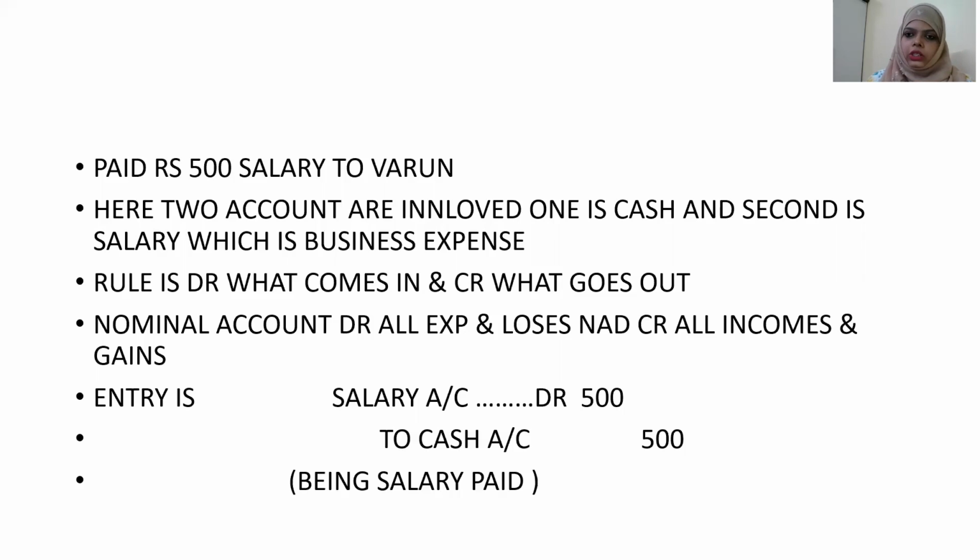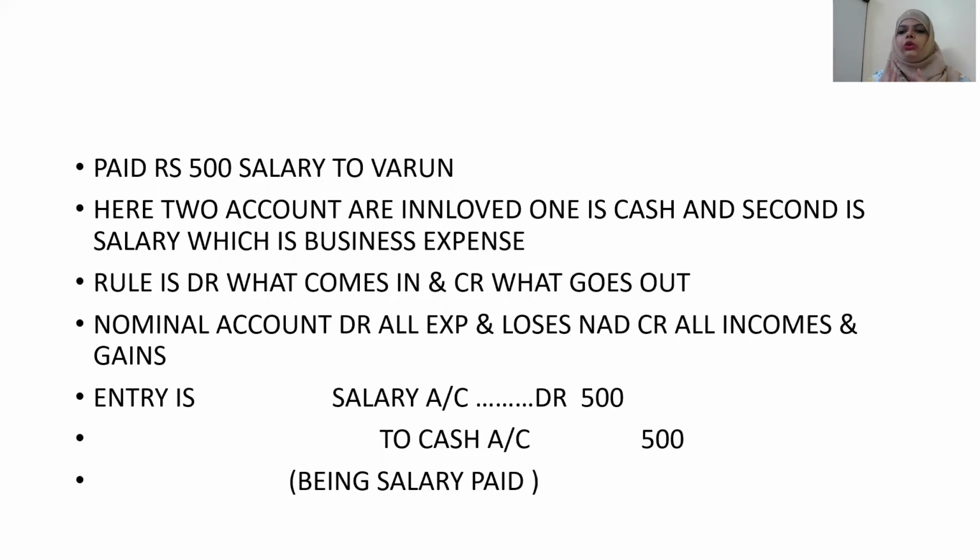So here the expense, salary account, debited to cash account. Previously it was a credit amount paid to Varun, so we mentioned Varun account debited, but here it is a business expense, so we mentioned the salary account. Salary account debited rupees 500 to cash account rupees 500, being salary paid.